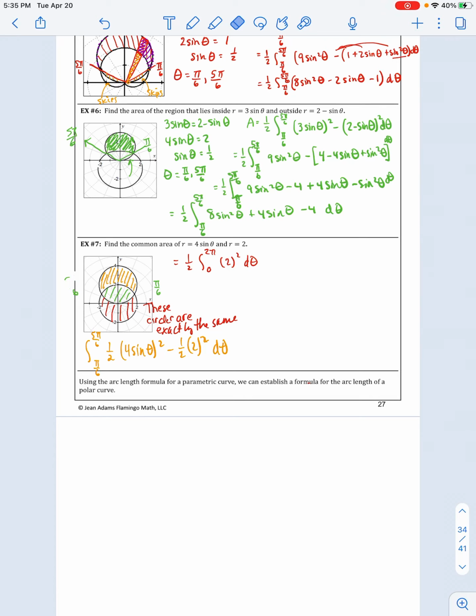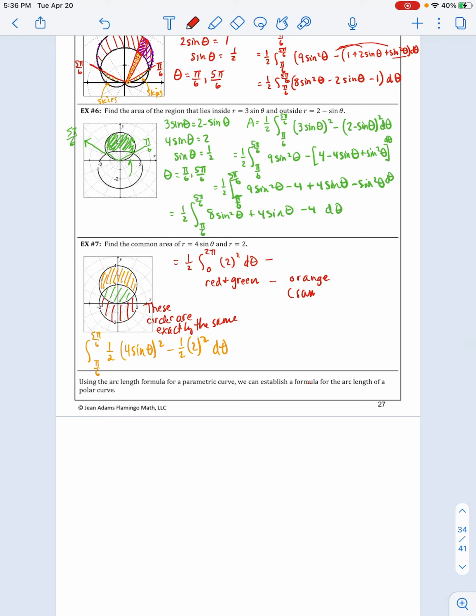In fact, I'm going to take these lines out, because I think you can see it better when you take those out. So if I integrate, that gives us the red and the green. Well, since the orange and the red are exactly the same, and I don't want the red, I've got red and green here.